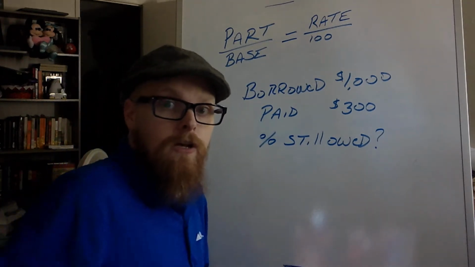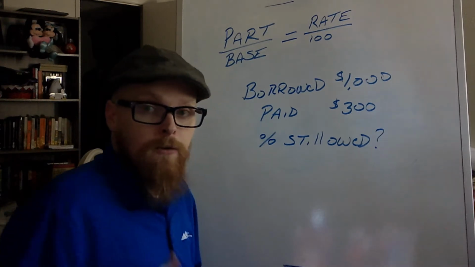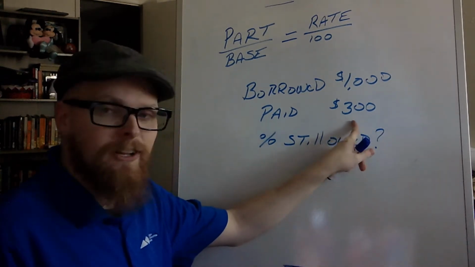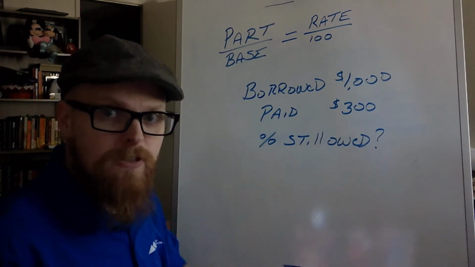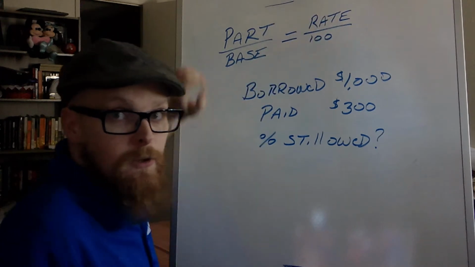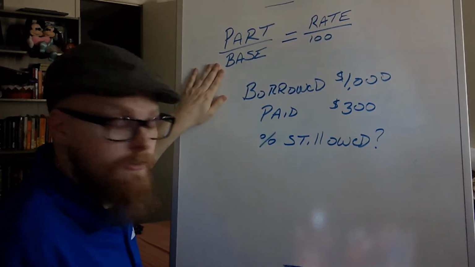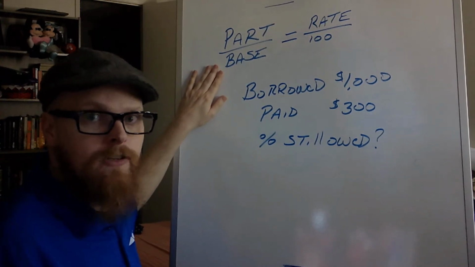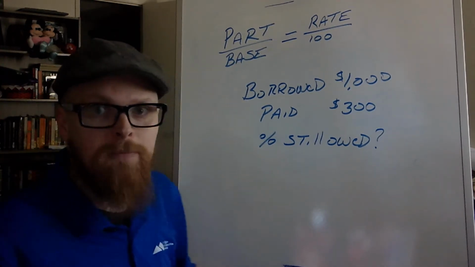In order to do this, we need to figure out what percentage you paid. We know we paid 300, but that's not a percentage. This is where this formula comes in. Ignore this half, we haven't gotten there yet. Part over base. The base is your base number. In this case, how much did he borrow?